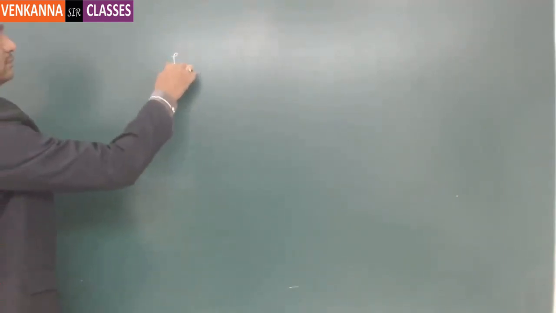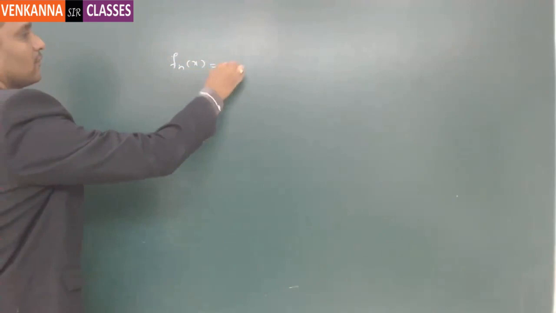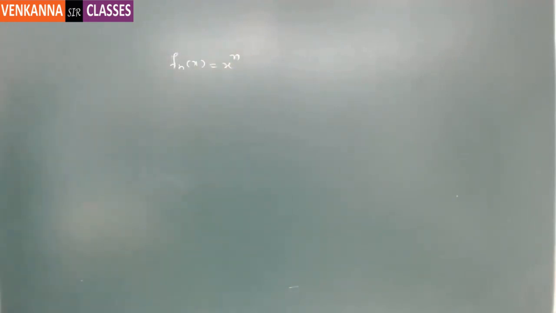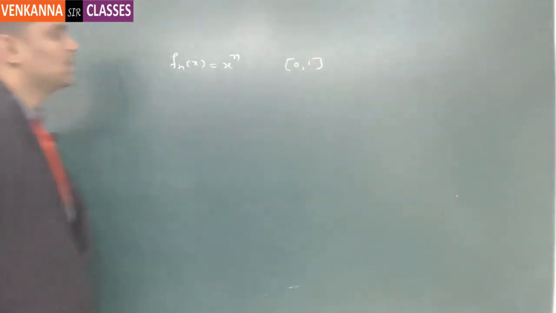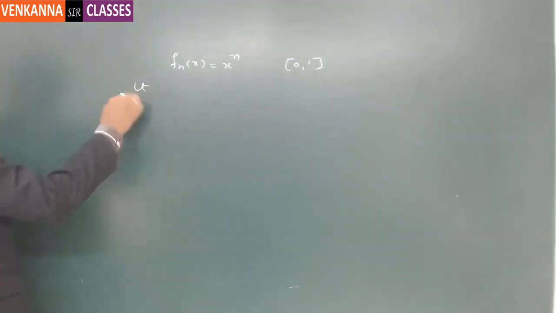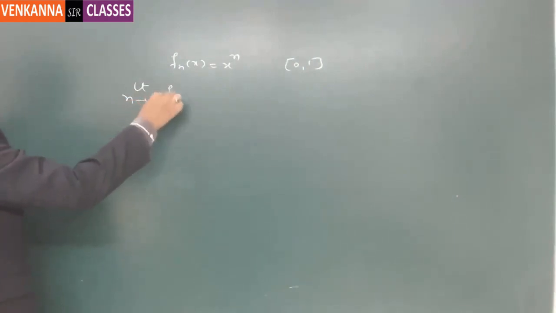We call it the limit function. Now see, if you take the same example as it is, fn of x is equal to x power n on the closed interval 0, 1. Now let us calculate limit n tends to infinity of fn of x.